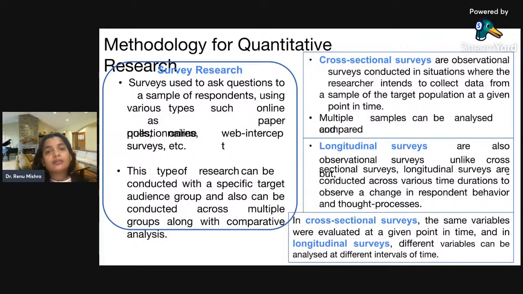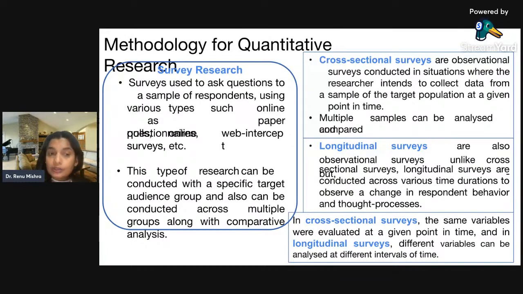Now, a cross sectional survey is basically when you are conducting the survey through a particular target population at a given point in time. For example, you've conducted the survey with one group, then with another group, then with another group. That is cross sectional.